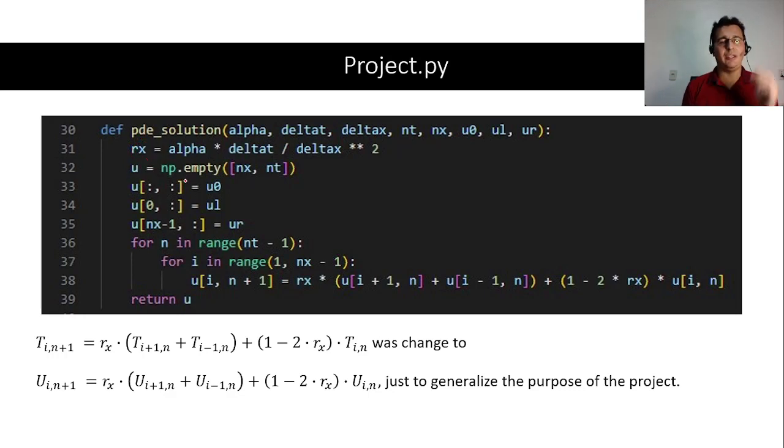I created an empty matrix of nx and nt elements. I put the initial condition in the null matrix, and after I changed this matrix at left element 0 with u left, and at right nx minus 1 with u right.